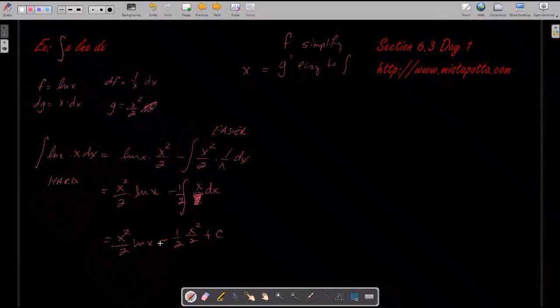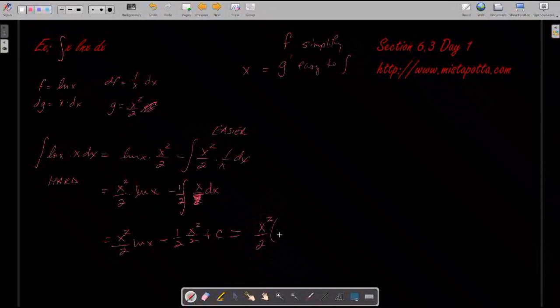Now, if I want to rewrite this, I notice that I have an x squared over 2 as a common factor, and this is really the natural log of x minus 1/2 plus a constant.